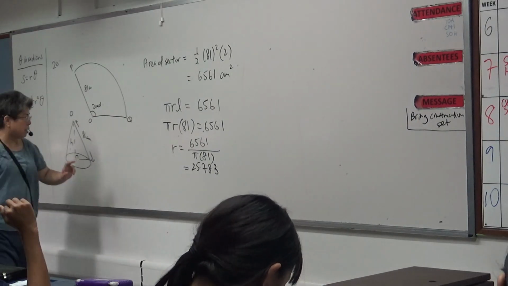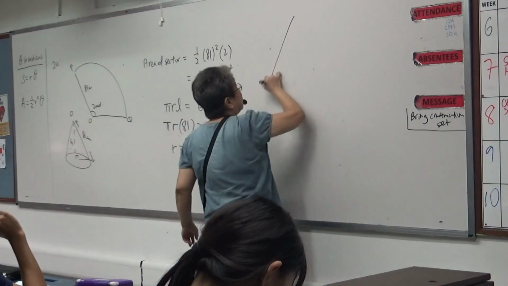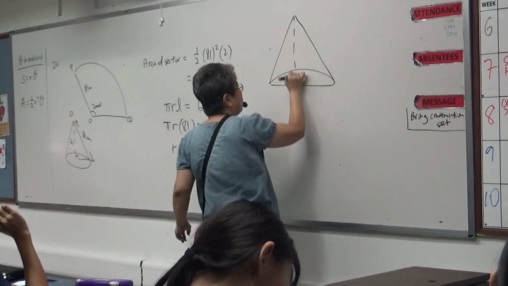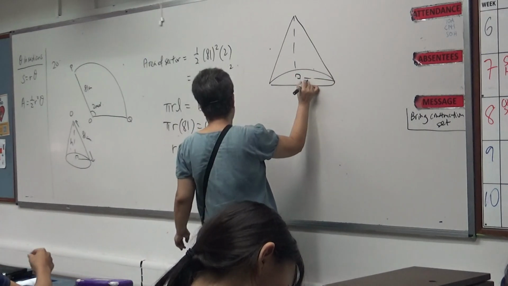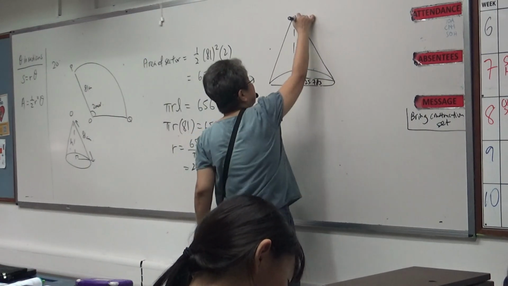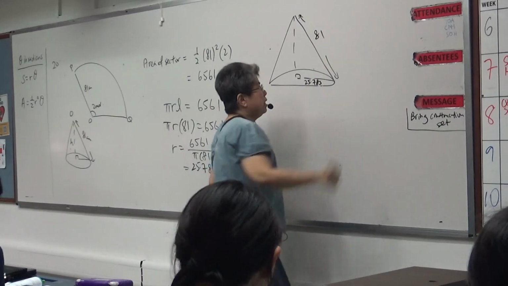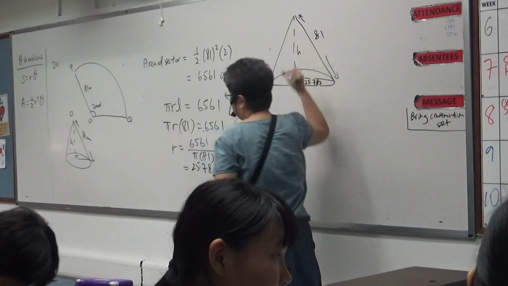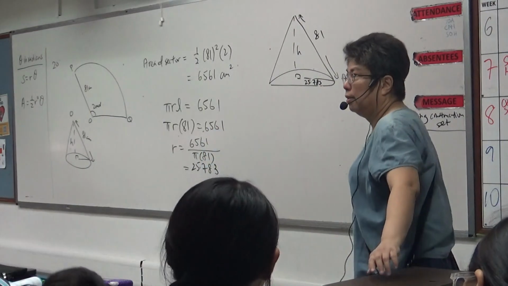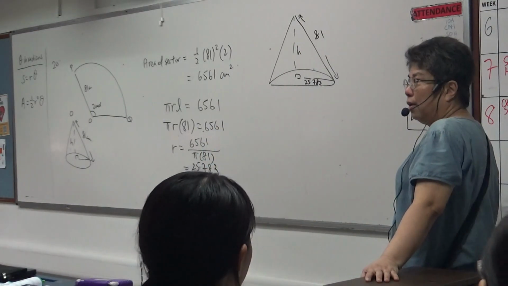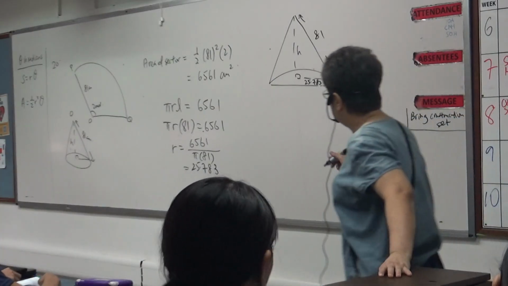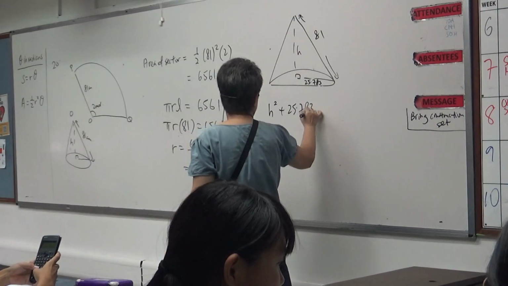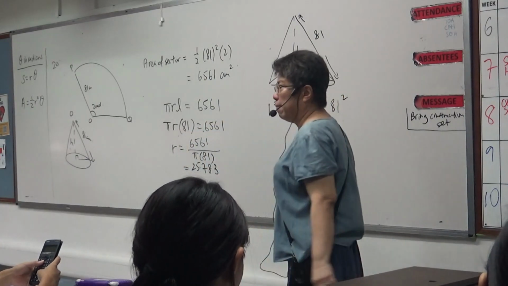Okay, I'm going to draw this again. This radius is 25.783. This slant height is 81. Am I able to find this height? Use what? Pythagoras theorem. h squared plus 25.783 squared will equal 81 squared.